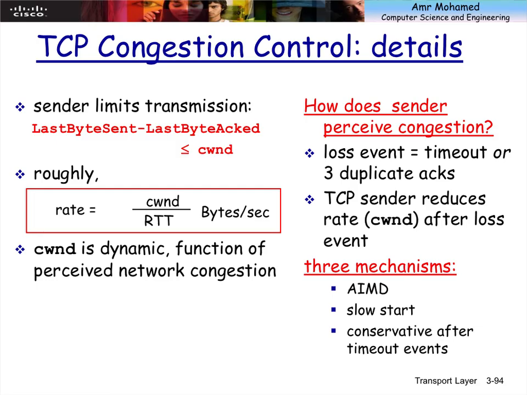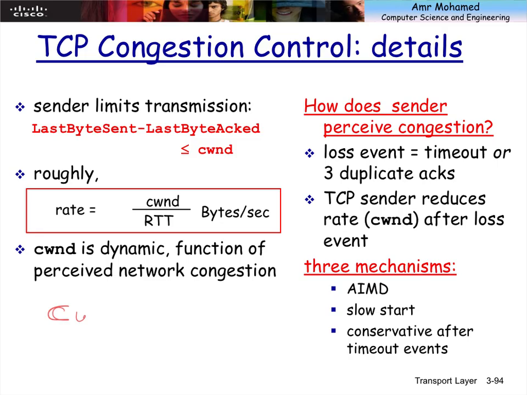So the sender limits the transmission to last byte sent minus the last byte received, which is what we refer to as flow control. But here we also have congestion control.